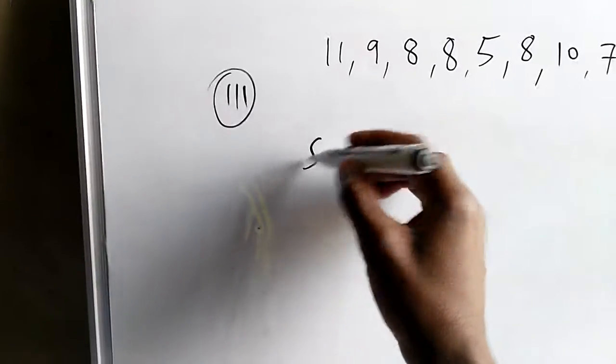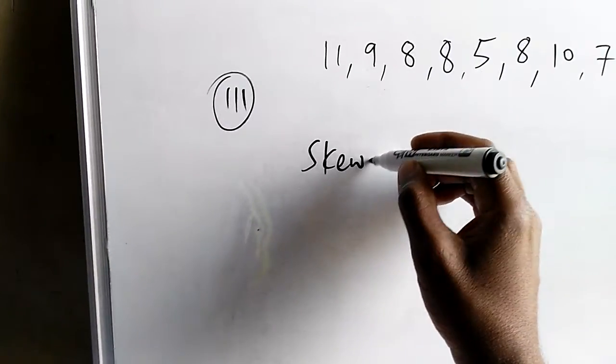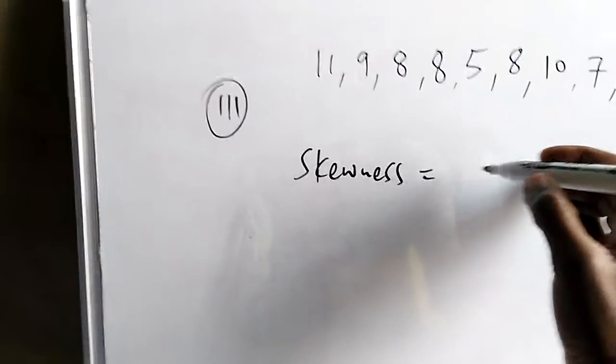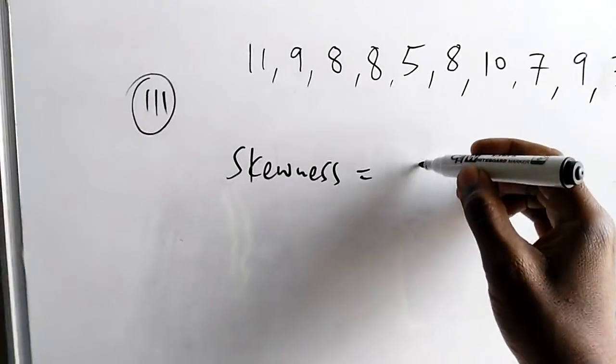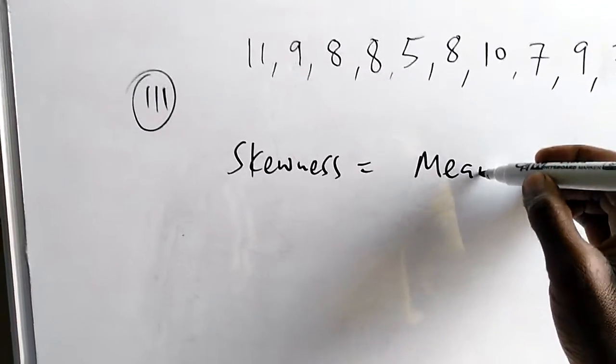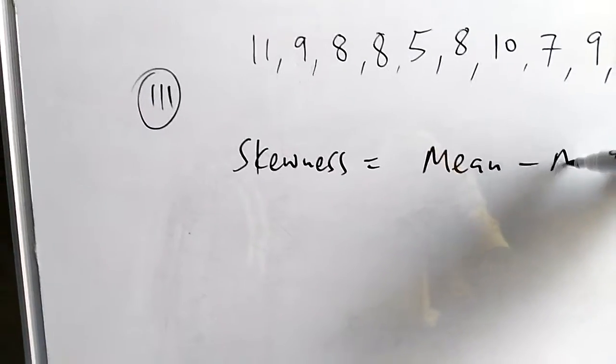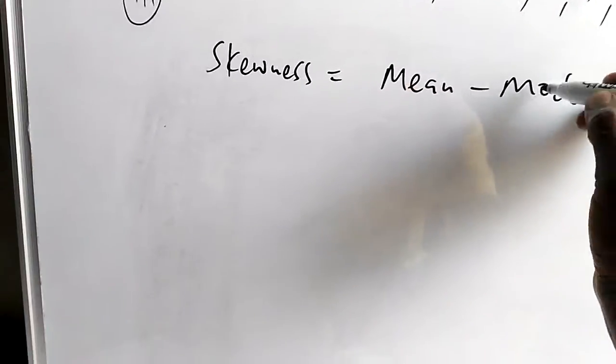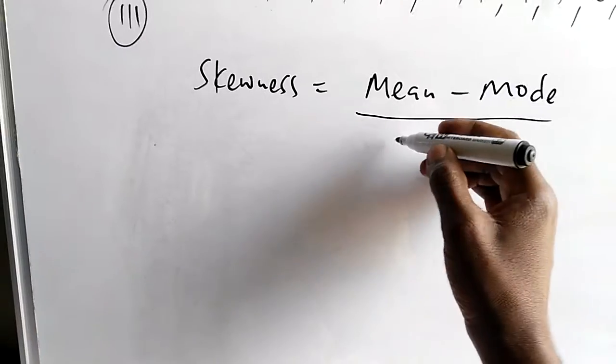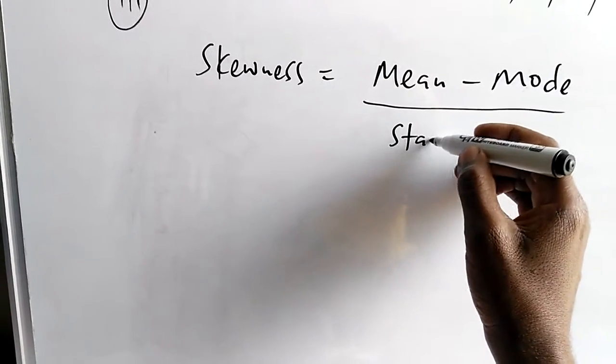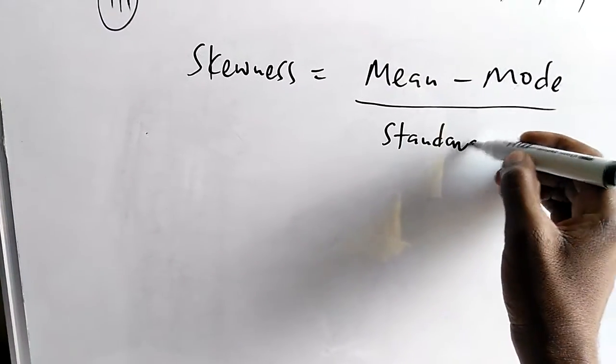So the skewness, this is number 3 now. The skewness is mean. We have 2 formulas. They are the same. Take away mode, divide everything by the SD, or the standard deviation.